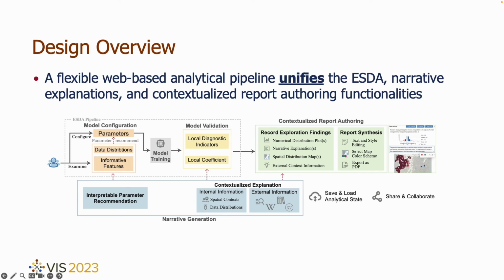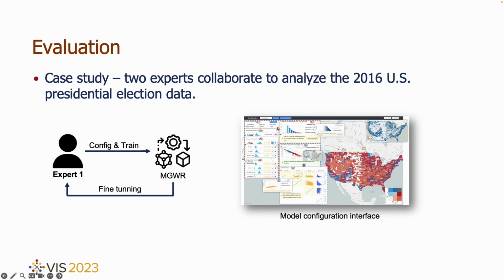Overall, GeoExplainer provides a flexible web-based analytical pipeline that unifies the exploratory spatial data analysis, narrative explanations, and report authoring functionalities. In the case study, two domain experts were invited to analyze the US presidential election data.